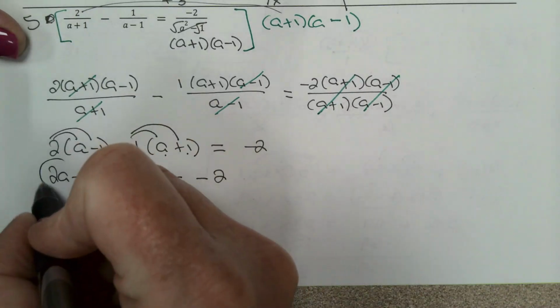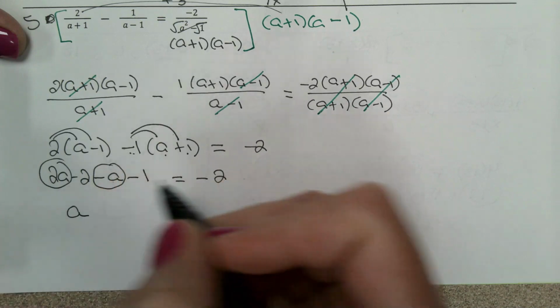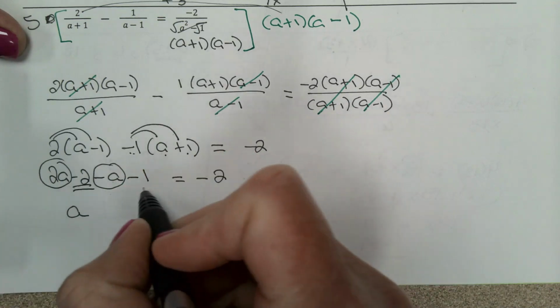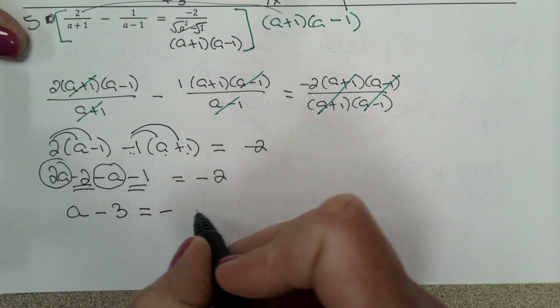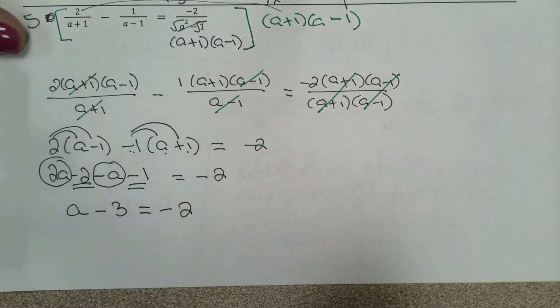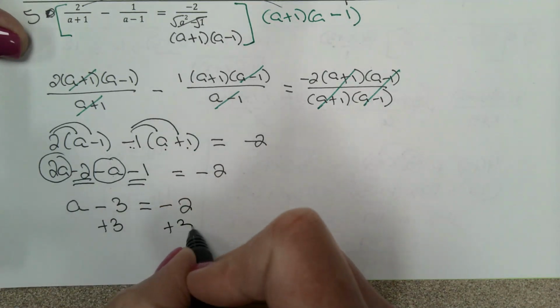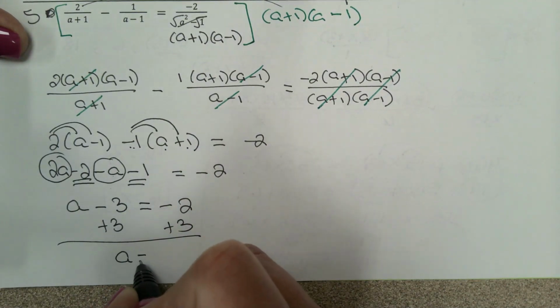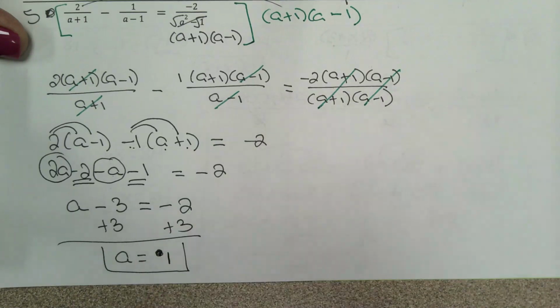I'm going to combine like terms, so 2a minus a is a. And for your numbers, I have a negative 2 minus 1 equals negative 3. I'm going to solve, and I'm going to add 3 over to both sides. And a equals 1. At least I think it does.